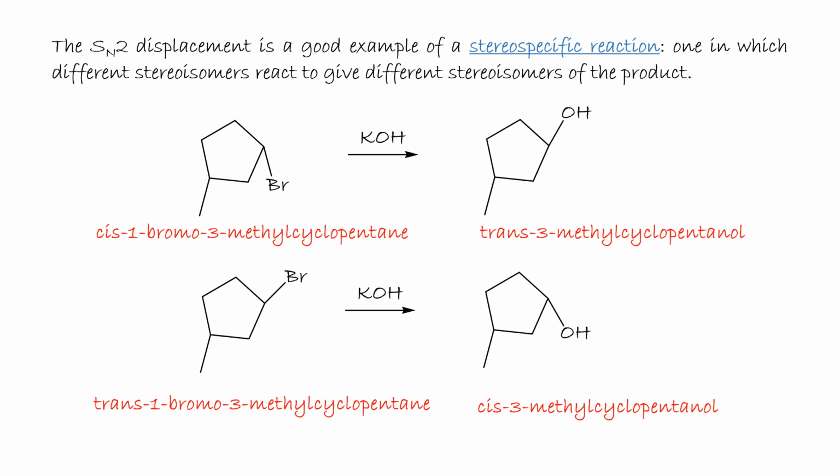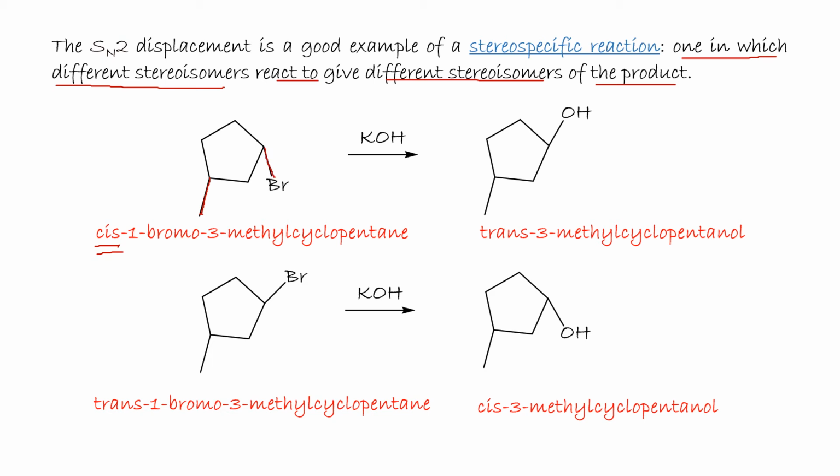SN2 displacement is a good example of a stereospecific reaction. What do we mean by a stereospecific reaction? One in which different stereoisomers react to give different stereoisomers of product. Here we have cis-1-bromo-3-methylcyclopentane.